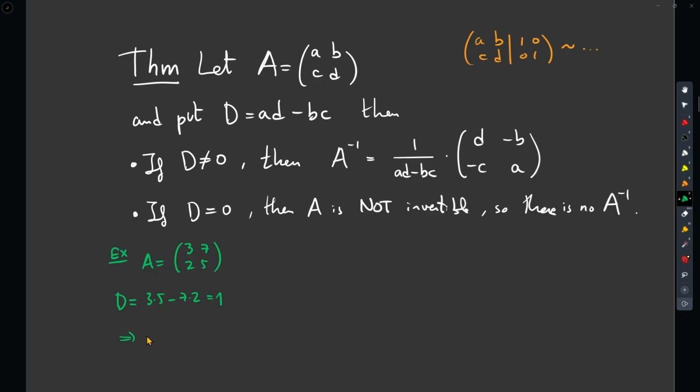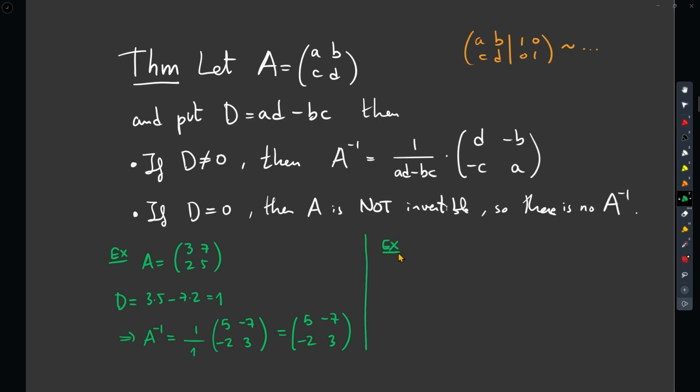So yes, there is an inverse, and the inverse has to be 1 over 1, so just 1, times, and then we switch the elements on the diagonal, 5, 3, and change the sign of the other elements. So the inverse matrix should be 5, minus 7, minus 2, 3. And you can check that that is correct, and that is the inverse.